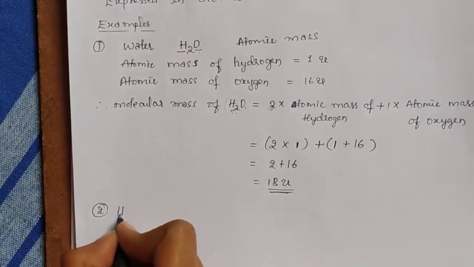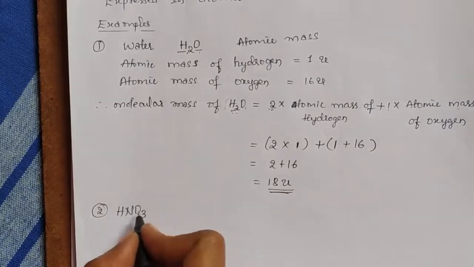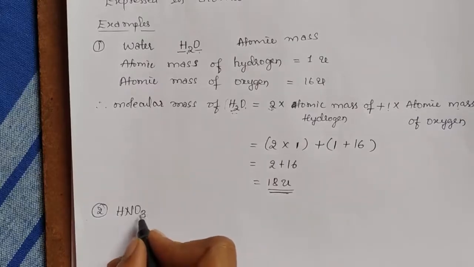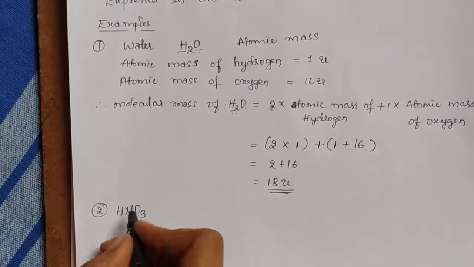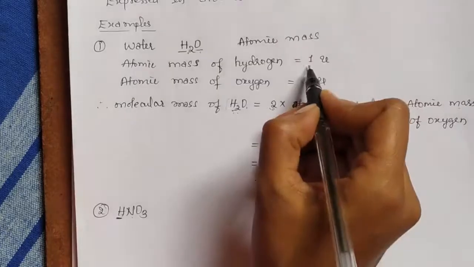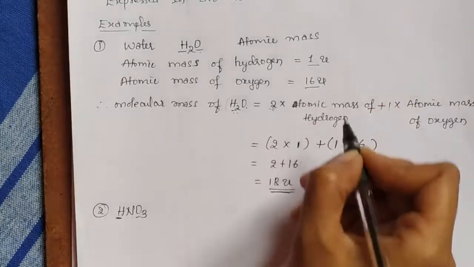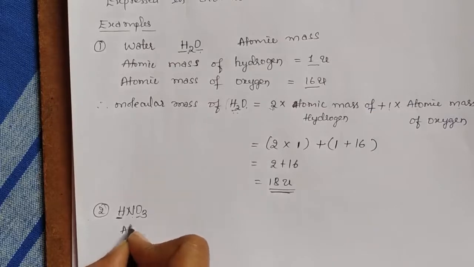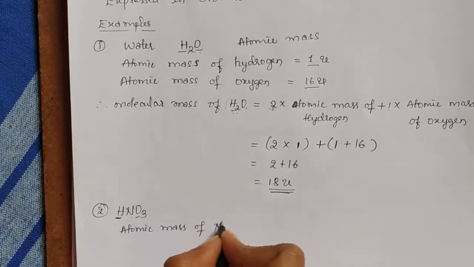Now we will calculate the molecular mass of nitric acid. HNO3 is the chemical formula of nitric acid. Children, already we know that atomic mass of hydrogen is 1, and atomic mass of oxygen is 16 atomic mass unit, whereas atomic mass of nitrogen is 14 atomic mass unit.